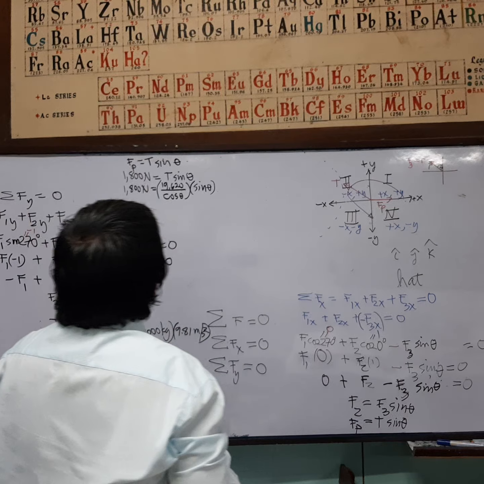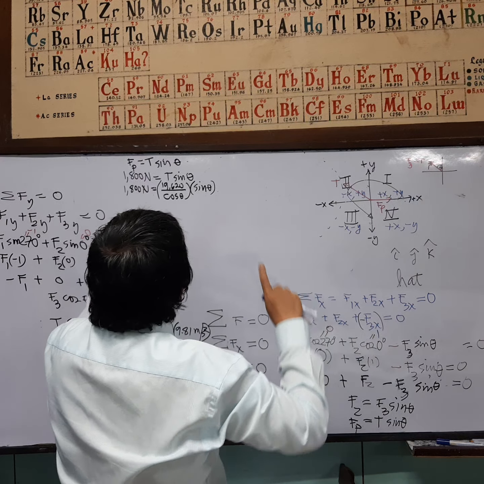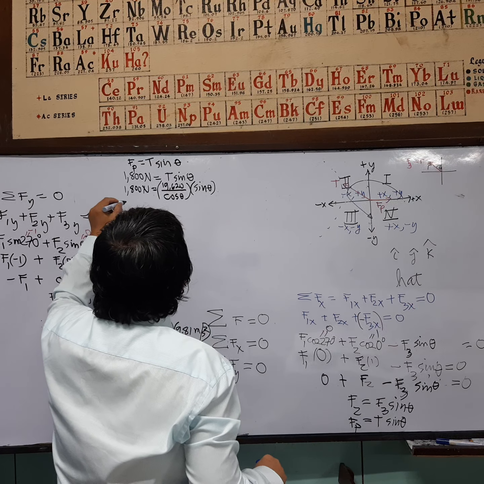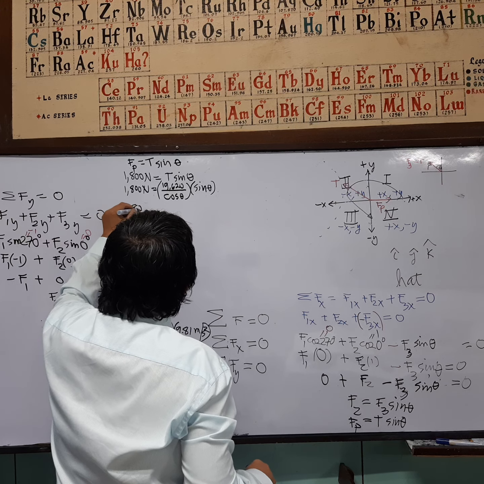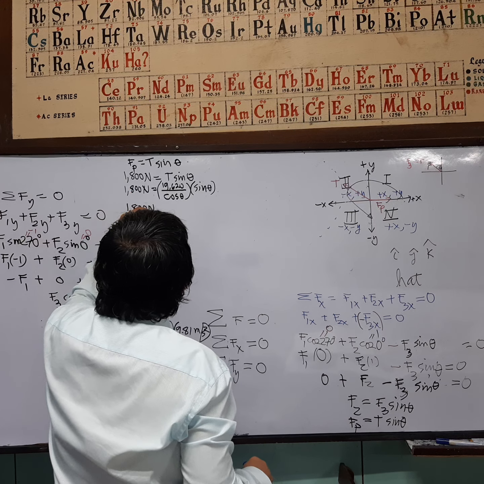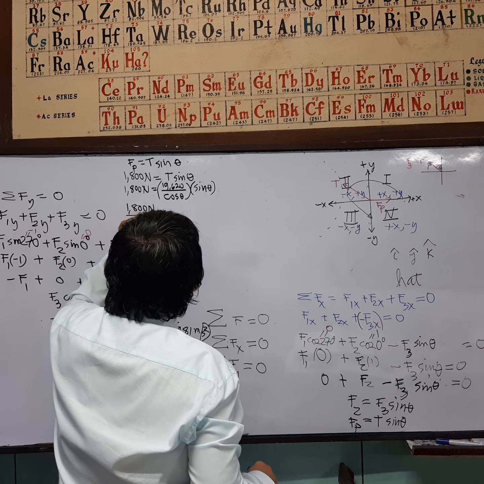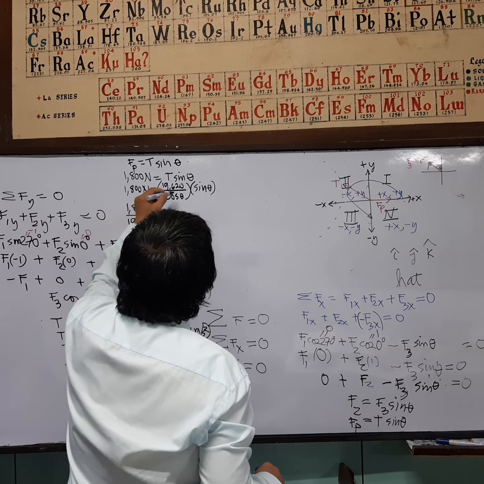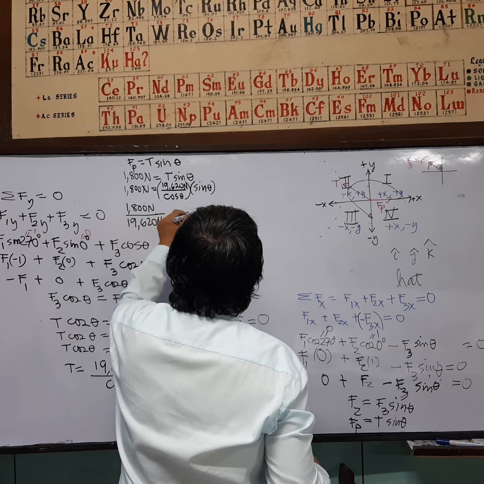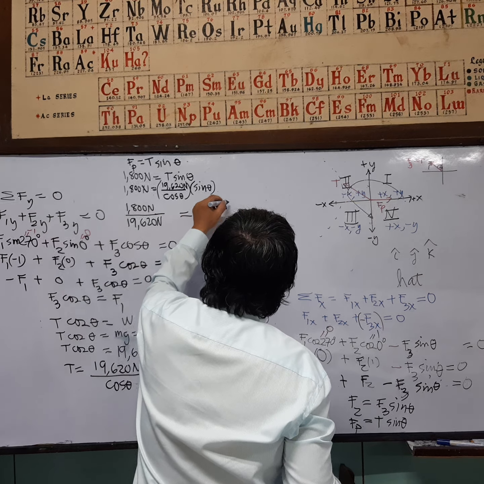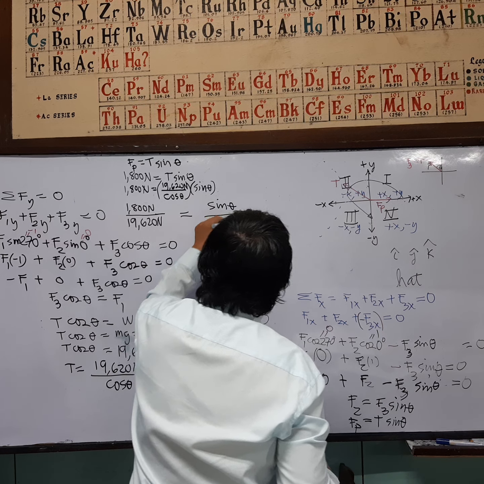And so, we will have here, you look, 1,800 newtons over 19,620 newtons, because this one is newtons, is equal to sin theta over cosine theta.